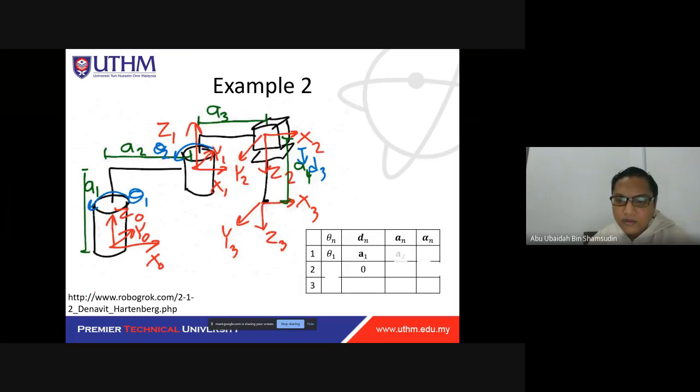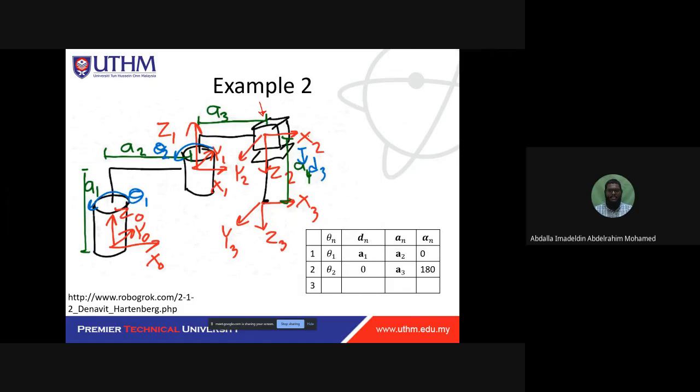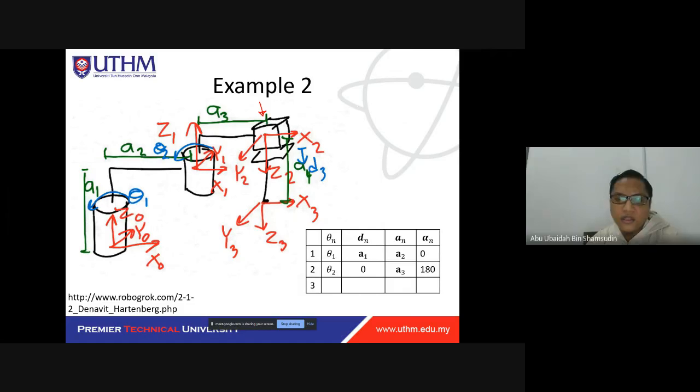Okay, so there is no active rotation here. This is a prismatic movement, right? There is no rotation, so no theta at all. So theta is zero. Then you need to rotate about Zn minus 1, so your n is 3.